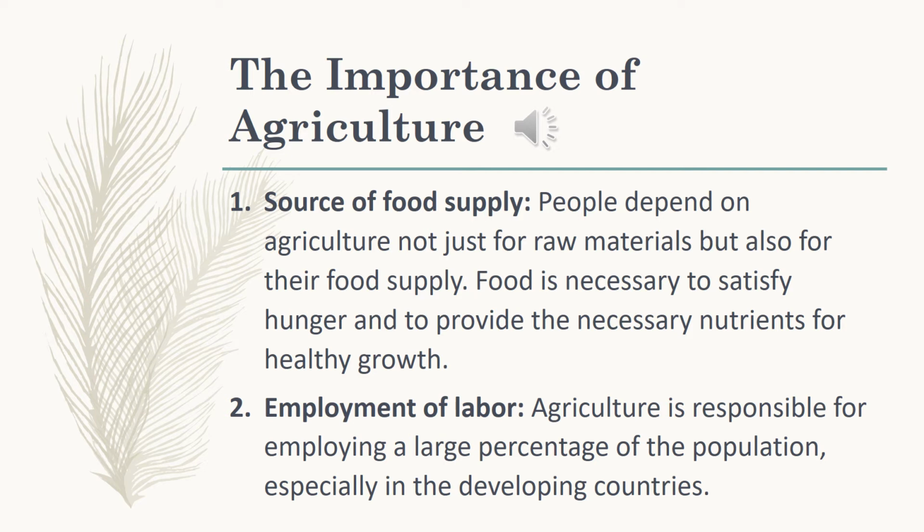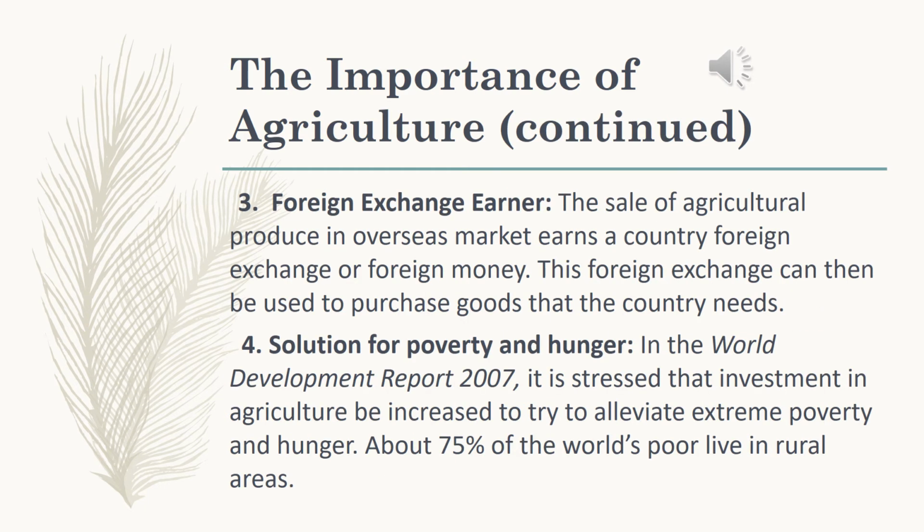In Pakistan, for example, the agriculture sector employs nearly half of the country's labor force. About 67% of the population lives in the rural area and they either directly or indirectly rely on agriculture for their livelihood.